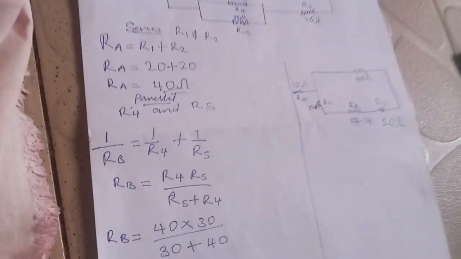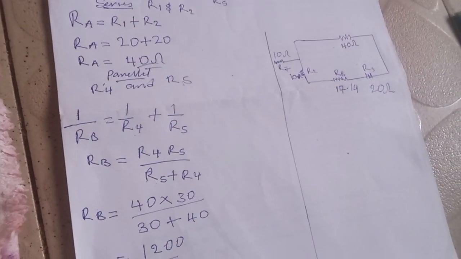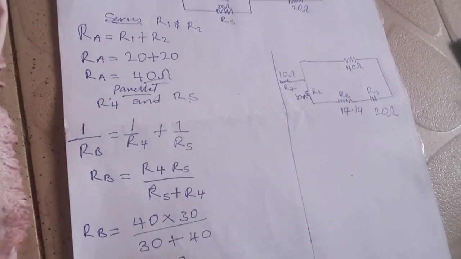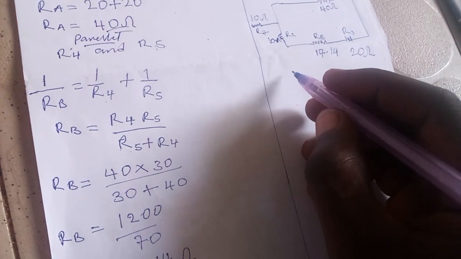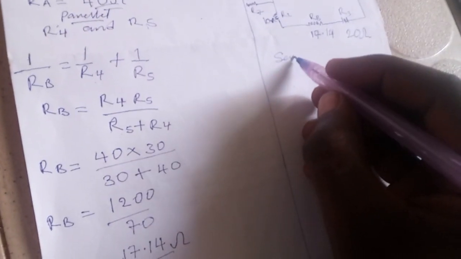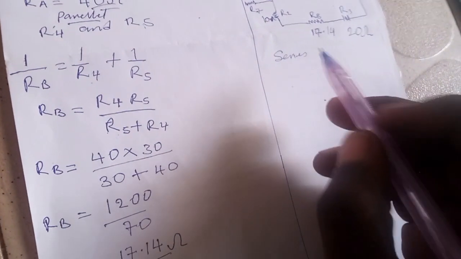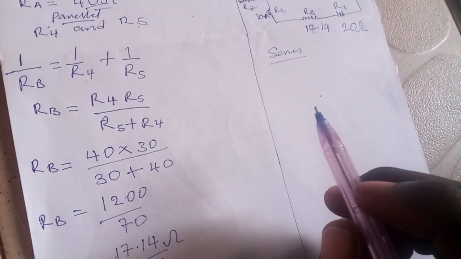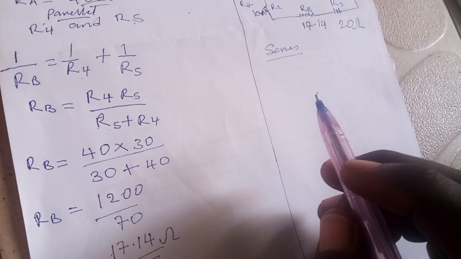So remember, we are going to make sure we use the other side again. We're going to calculate series again. Okay, this is our series now. So we're going to be using a formula now.